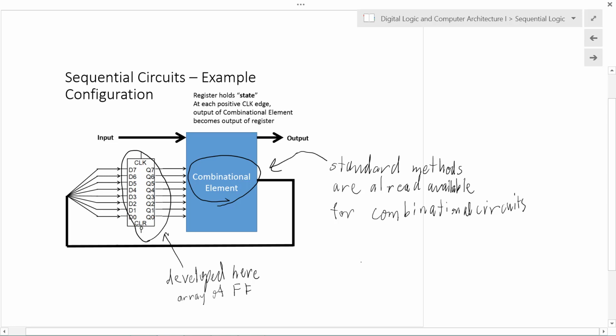What kinds of methods are available? Well, let's name some. Truth tables, Boolean expressions, and K-maps.